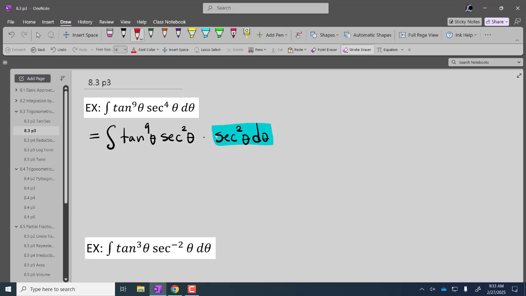So these things right here are what I'm referring to as the leftovers. We took the secants, we pulled two off, we left some behind. Now we want to convert those over to tangents. And so we need to have our identity dialed. This is the identity triangle.